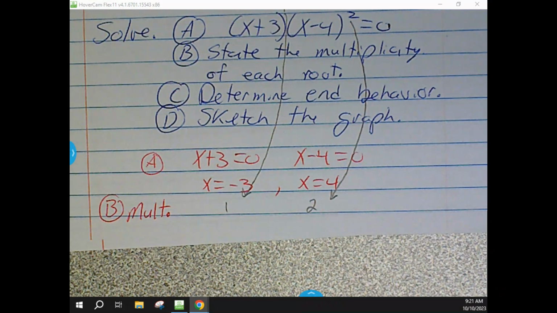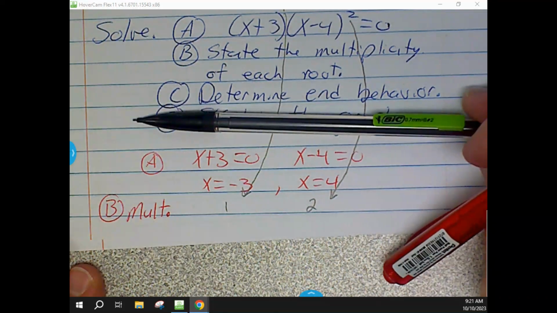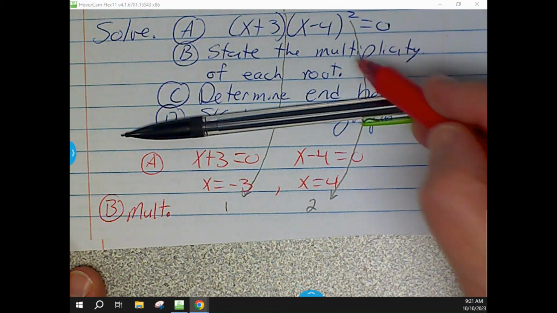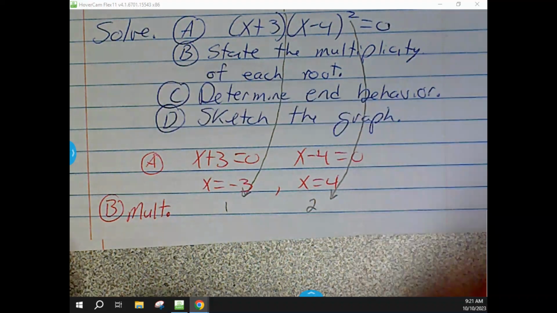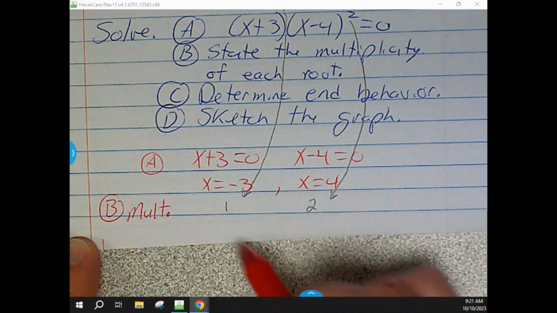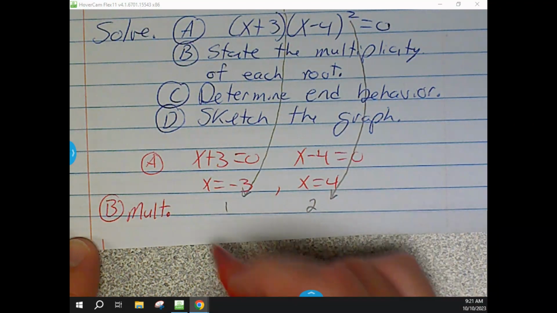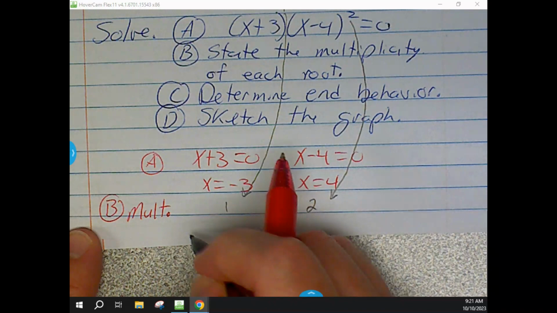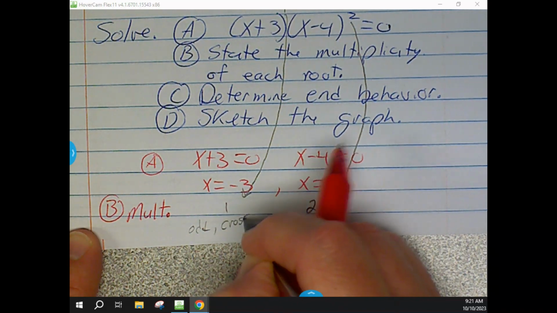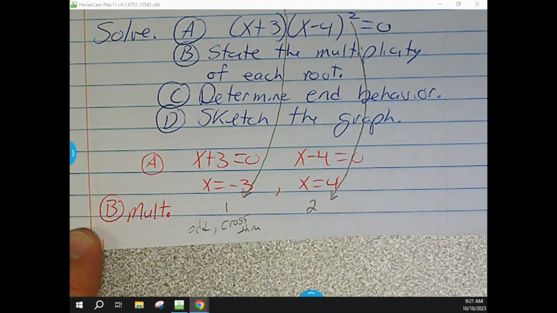Okay, now in that you don't really do a whole lot with the numbers. They may ask you to list, sometimes it may just stop here. It may just say solve this thing and state the multiplicity of each root. If you get ready to graph this, though, the main thing you've got to know when we start sketching this one is that when you get this solution, because this is odd, that means we're going to cross through.